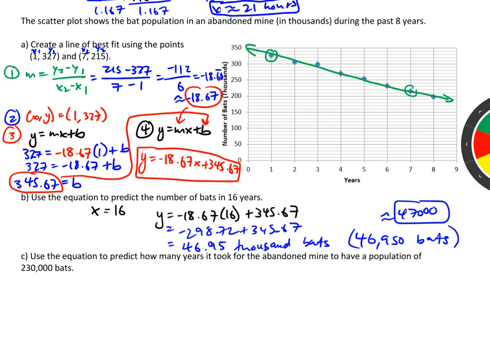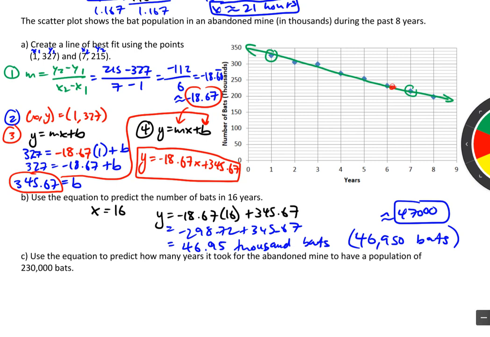Okay, and then let's say we use the equation that we have earlier here. We want to use that equation to predict how many years it took for the abandoned mine to have a population of 230,000 bats. So based on the graph, I'm just going to mark it. Probably somewhere about here, maybe.